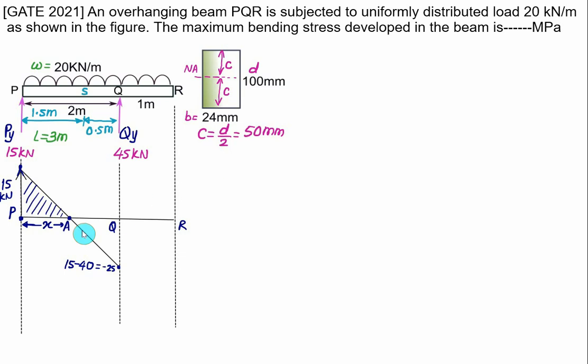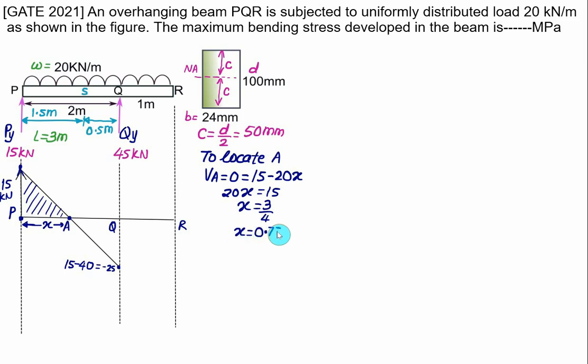So to locate the point A, we know that the shear force at point A is equal to 0, which is the same as 15 minus W equal to 20 multiplied by distance x. So in this case we will get 20x is equal to 15, or x is equal to 15 by 20, that is 3 by 4, which is 0.75 meter.